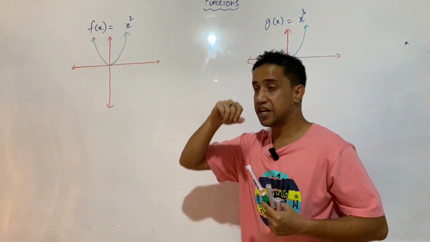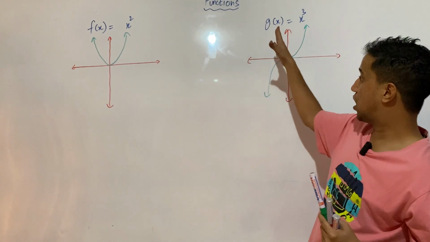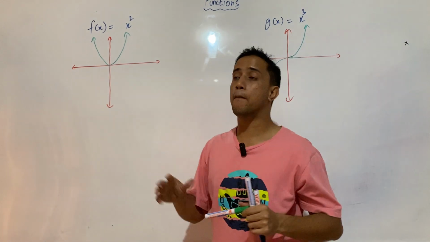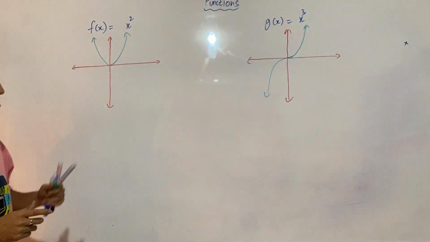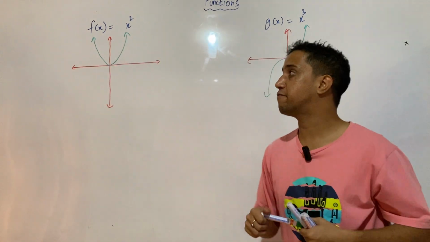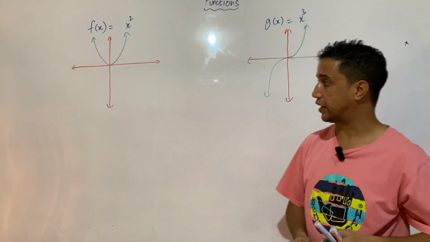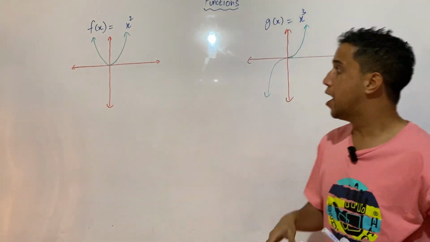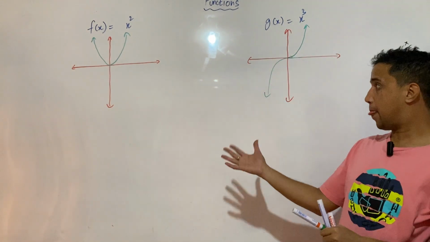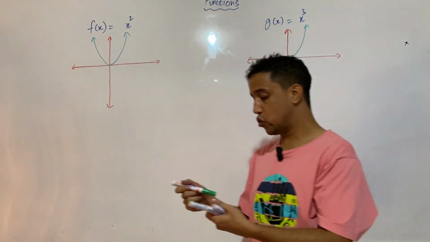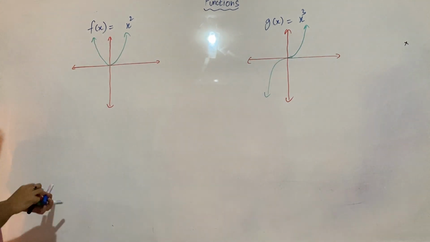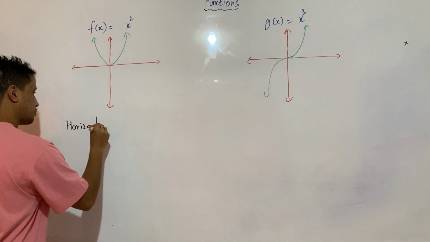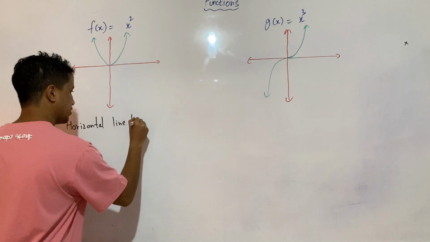It says that if you draw a vertical line anywhere on the curve, and it cuts the curve more than once, then it is a relation. But if the vertical line cuts the curve just once or at most once, then it is a function. But to classify if it is one-one or many-one, we have to do the horizontal line test. So here I'm writing horizontal line test.